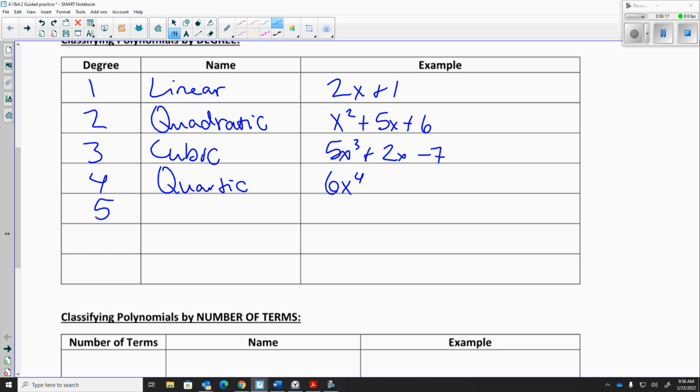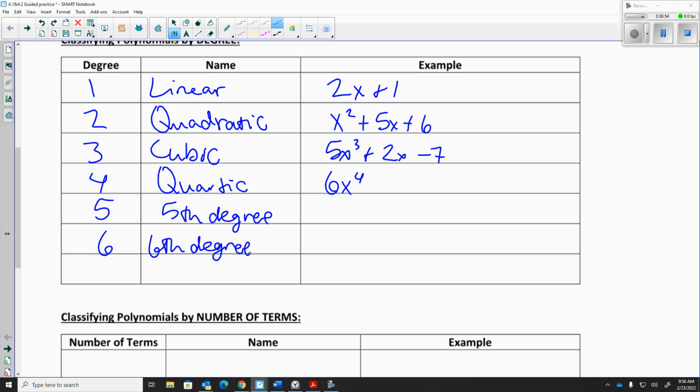So they just said, anything bigger than 4, I'm just going to call that a 5th degree or a 6th degree, and so on. I mean, we're not really going to operate with anything bigger than 4 very much. So maybe that's why. I don't know. They got above 4, and they're like, you know what? We're done with this. Let's just call it the number.